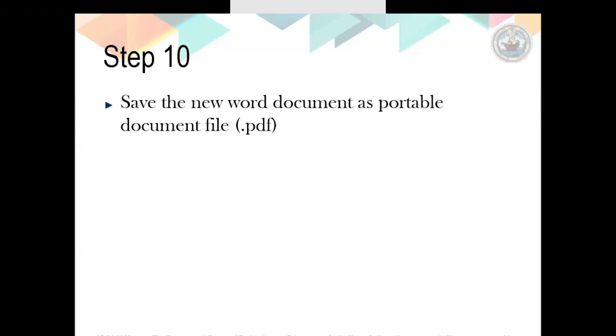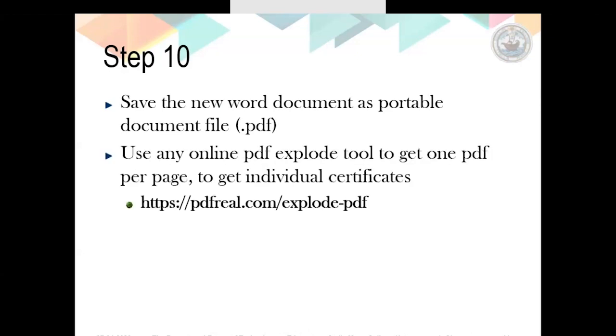I'll save that particular document to a PDF, a portable document file, because when sending it across, we won't be sending it as a Word document. It is an editable format. So we will change it to a portable PDF file. There are many online tools available to explode. Explode is an option wherein one single PDF will be exploded into different PDFs having individual pages.